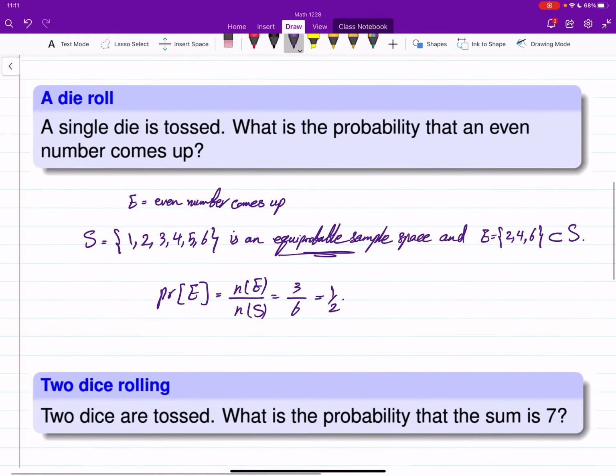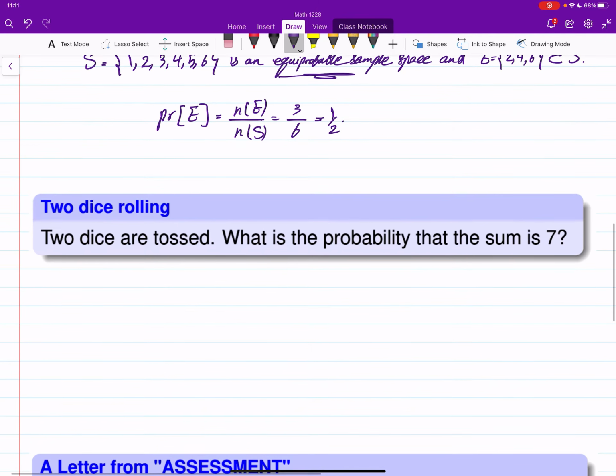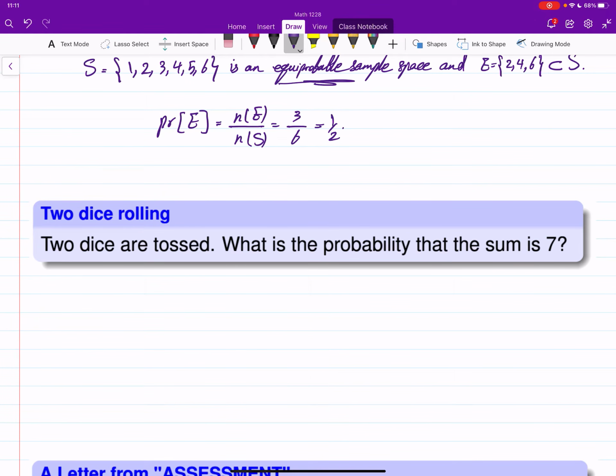Another example here will be: 2 dice are rolled, and then what is the probability that the sum is 7? So the event that we're looking for the probability of is that the sum of the numbers is 7. And what is the equiprobable sample space for this one? Remember that we did this one before.